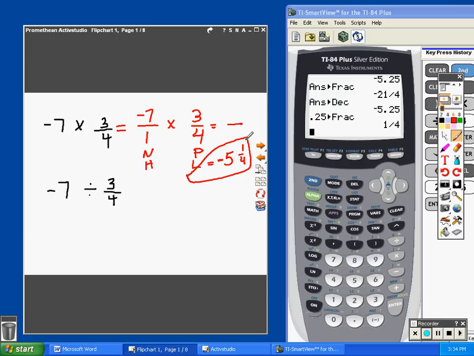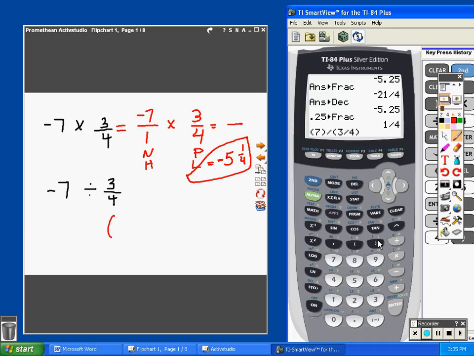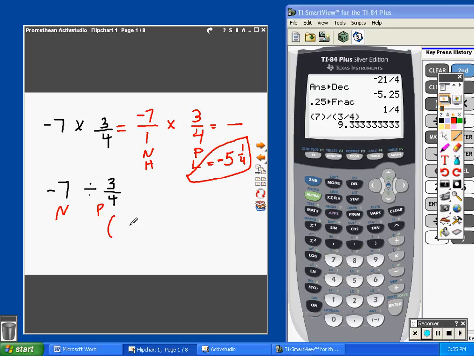Next one, we're going to do the same thing. -7 divided by 3/4. So I'm going to do -7 divided by, in parentheses, 3/4. I didn't put a negative in there, but ultimately you know your answer is going to be negative because it was a negative divided by a positive. So you got a negative, and then we could see that the whole number right here is going to be 9.